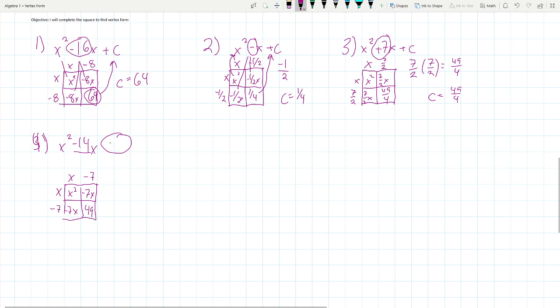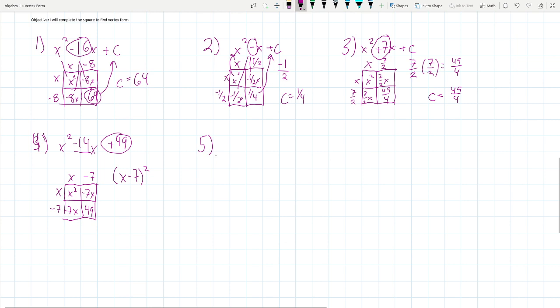So what I'd want is for this to be a plus 49. So now you want to write this, then factor it. This would be x minus 7 squared. And it is important to know that we added on that 49.